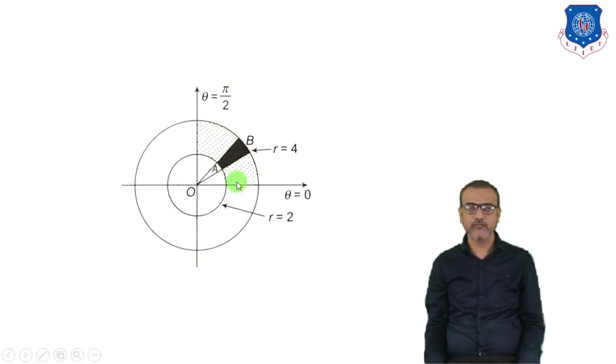In this first quadrant you can see that theta will vary from 0 to pi by 2, and from this elementary strip OAB you can see that at this point A we have r equals 2, and at this point B we have r equals 4. So definitely r will vary from 2 to 4. So from the diagram it is clear that theta will vary from 0 to pi by 2 and r will vary from 2 to 4.